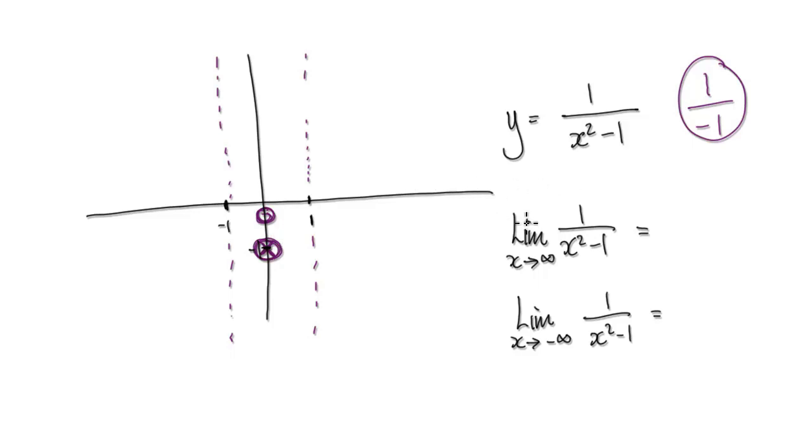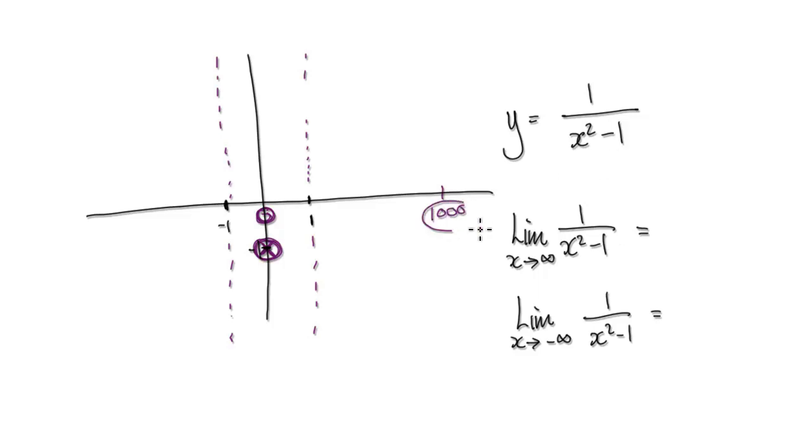The next thing is to figure out what happens as the graph moves all the way to the right. So find the limit of this as x heads towards positive infinity. That's really x moving to infinity. So let's investigate by putting a big number into the function.